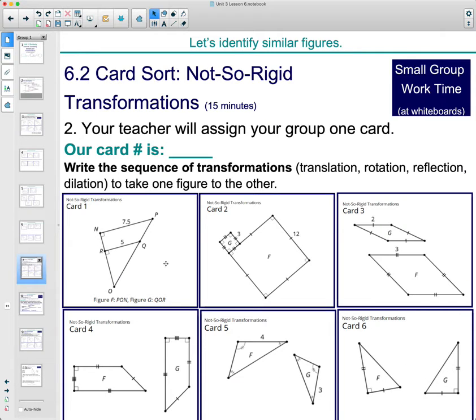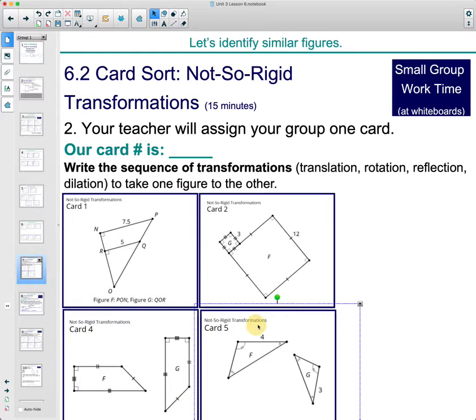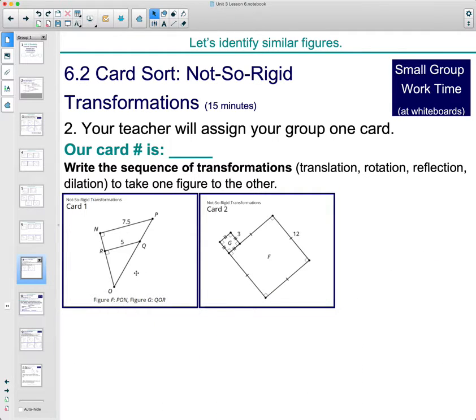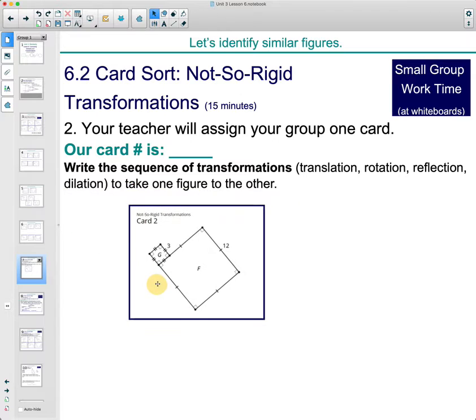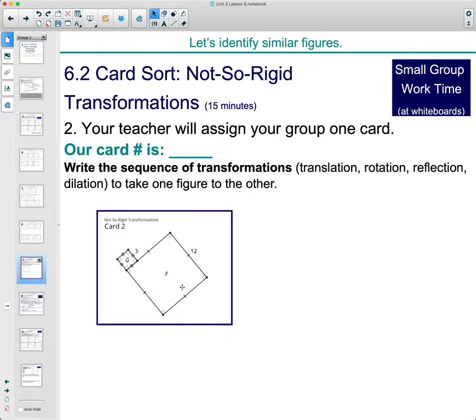All right, so now I would like you to describe a sequence of transformations. Let me get rid of some cards here. We obviously can't do just a rigid motion here, since rigid motion preserves size.